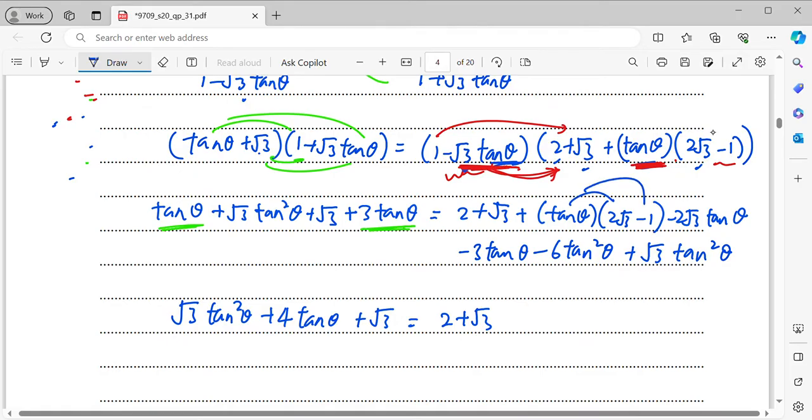Then this one you do expansion, it will be plus 2√3 tan θ minus tan θ. Then again minus 2√3 tan θ. Then here minus 3. Then minus 6 tan² θ. I just rewrite the rest of the terms.